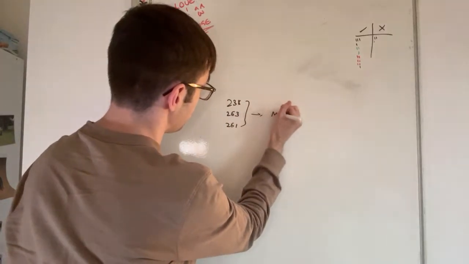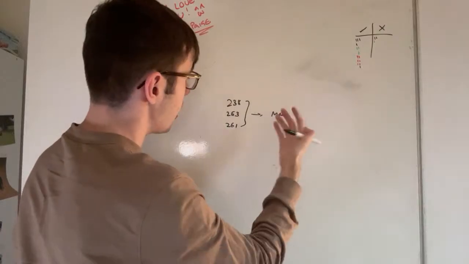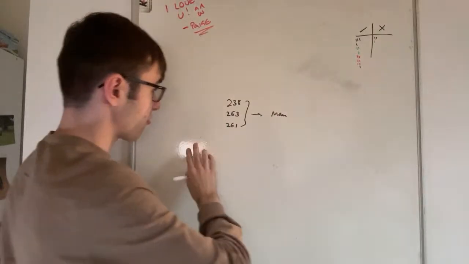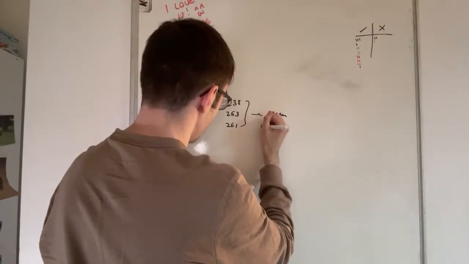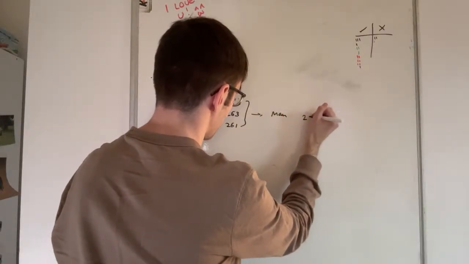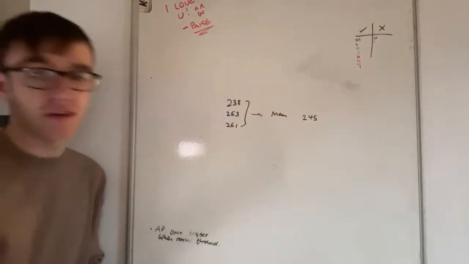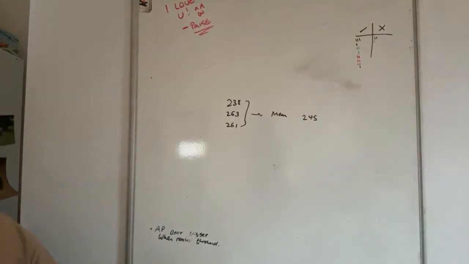Obviously calculate the mean of that, which I'm not going to fully answer, so let's just use inference here. The mean of that, I'm going to assume would be like 245. I could pull up a calculator and see.